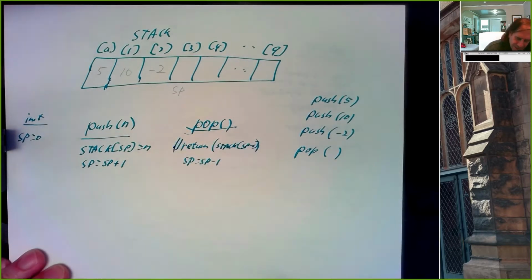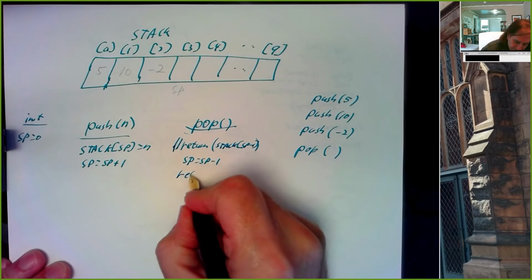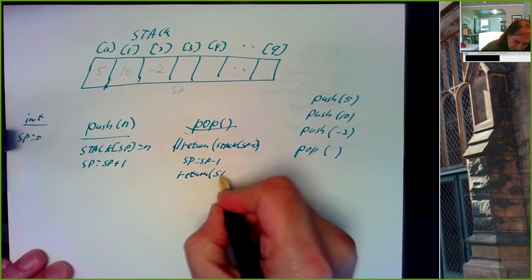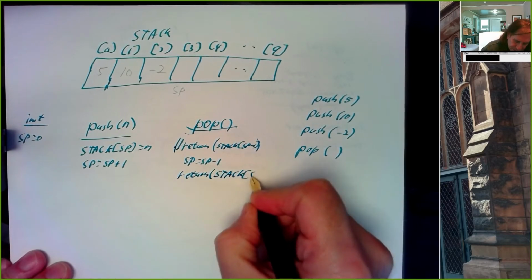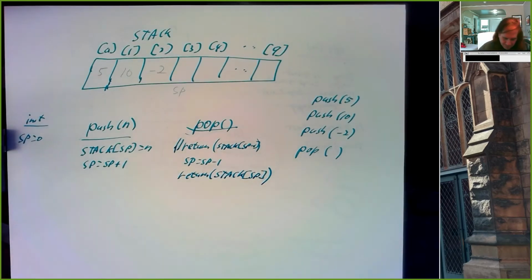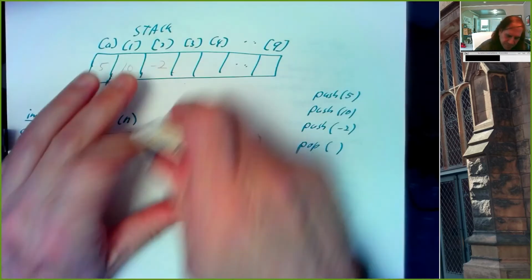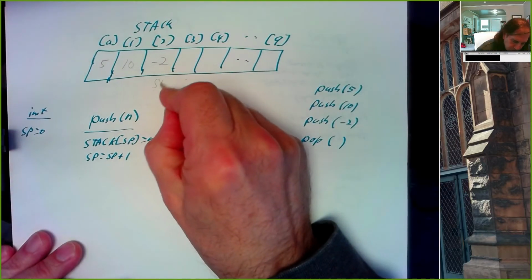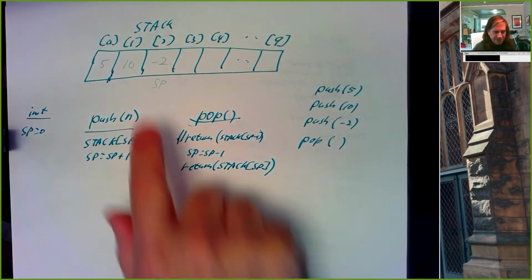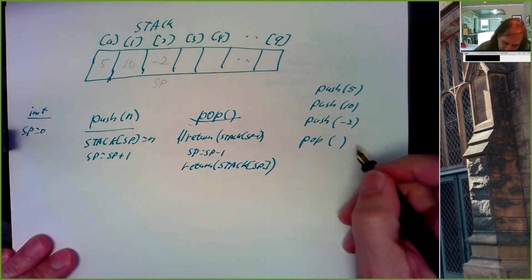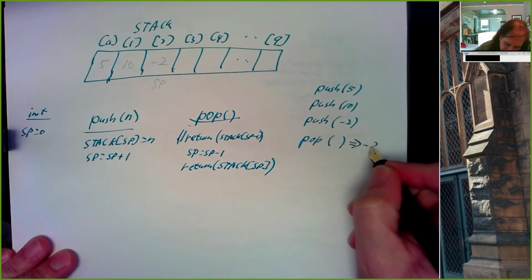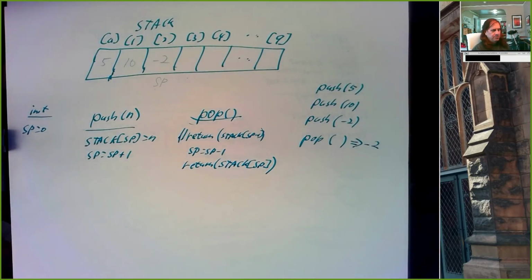Let's decrement the stack pointer first, and then return stack bracket SP. So we say pop, what do we do? Decrement the stack pointer, and then return the value at the stack pointer, so that's going to give us a -2.